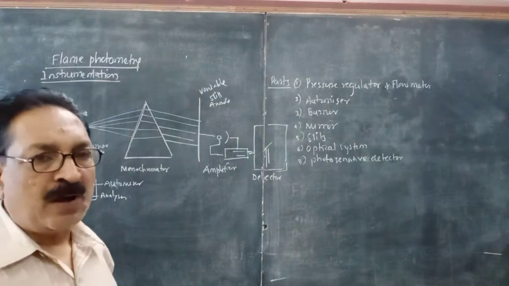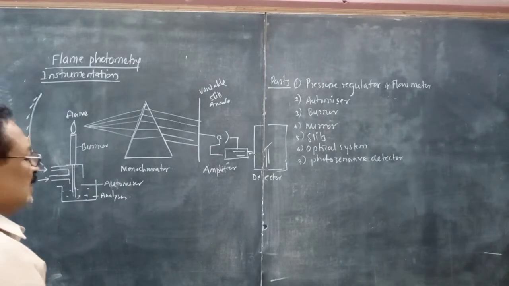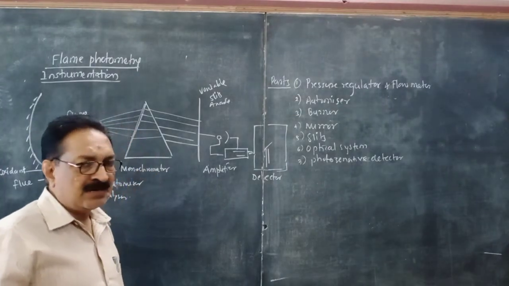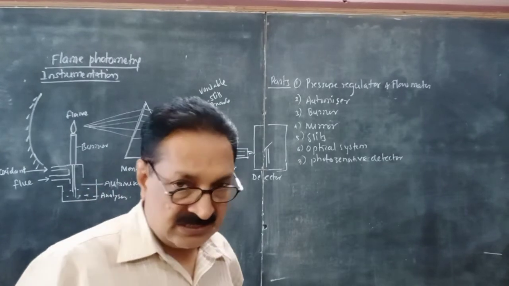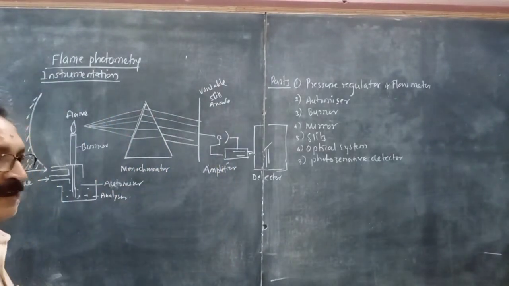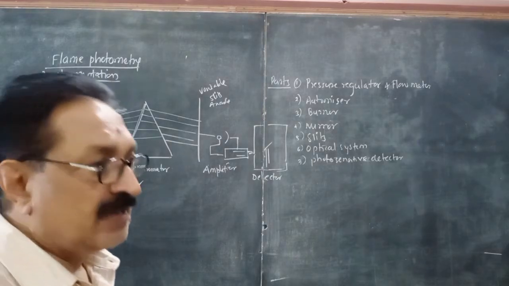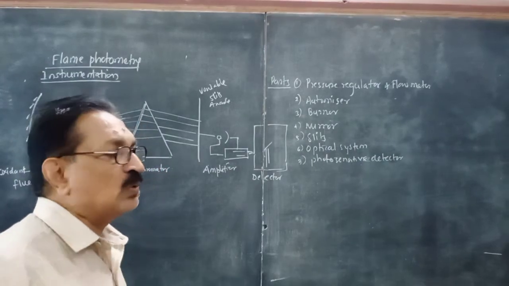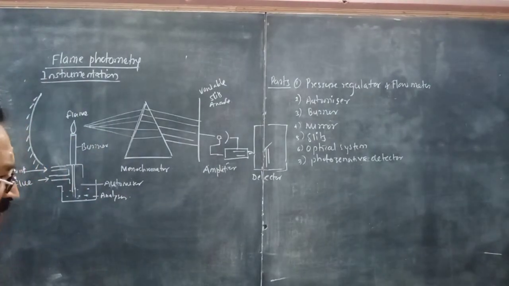Then when the radiations are allowed to pass through the sample of the substance, what happens? It decomposes into atoms, and these atoms absorb the radiations and get excited from the lower energy state to a higher energy state.